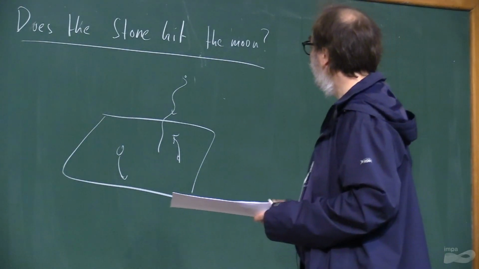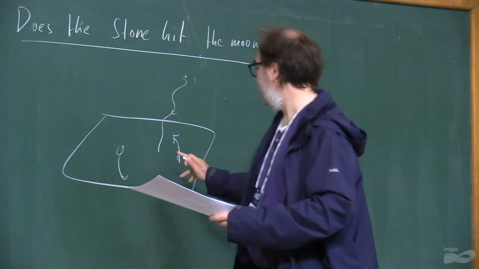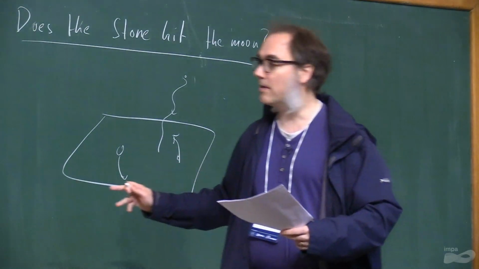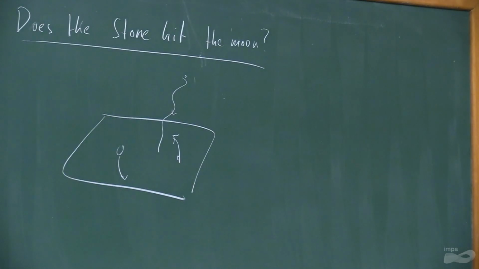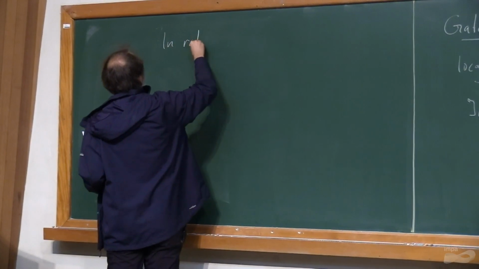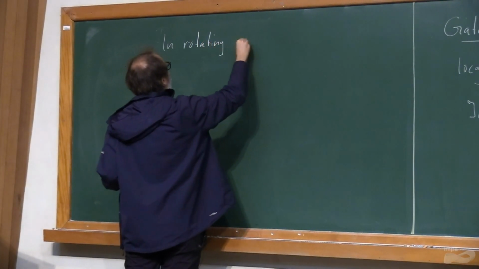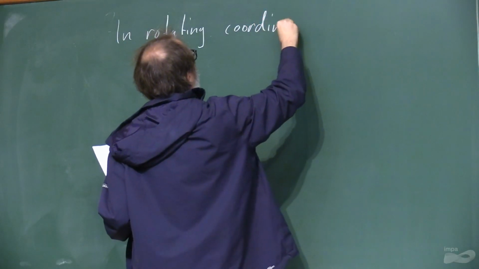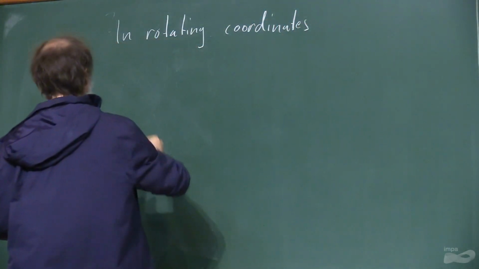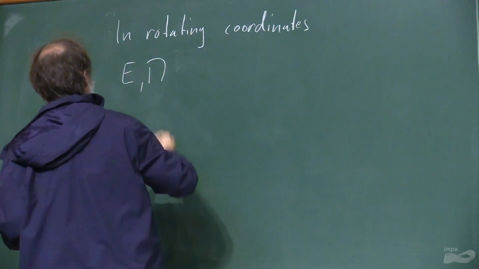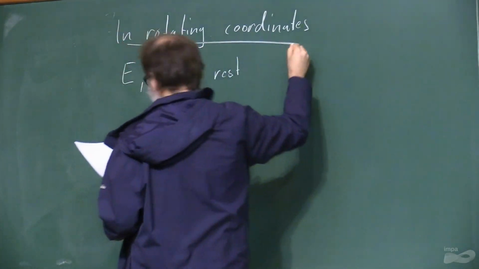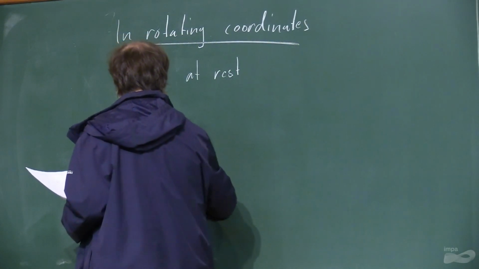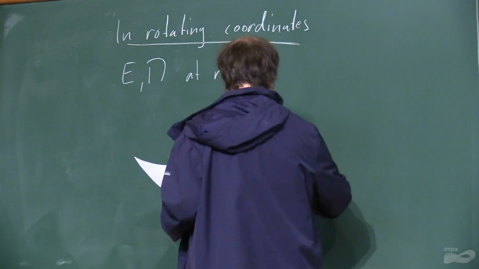Instead of having a moving Earth and a moving Moon, we can go to rotating coordinates, so the Earth and the Moon are at rest. In rotating coordinates, we have E and M, E for Earth and M for Moon, at rest. So the Earth is fixed and the Moon is also fixed.